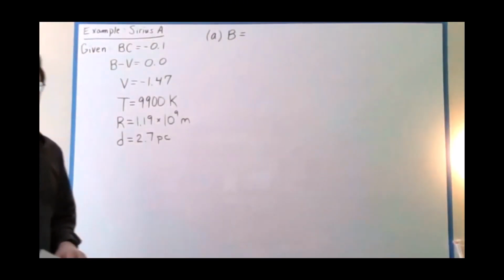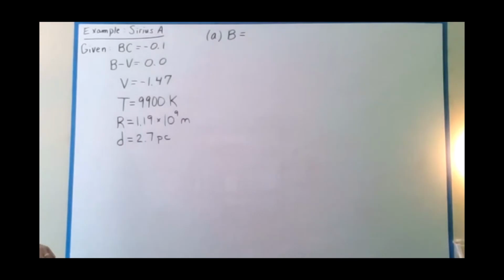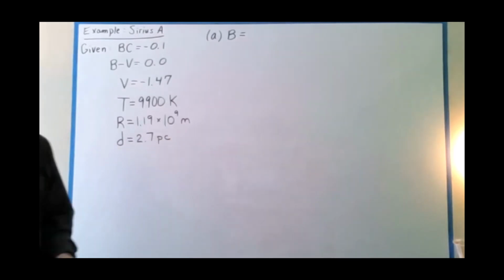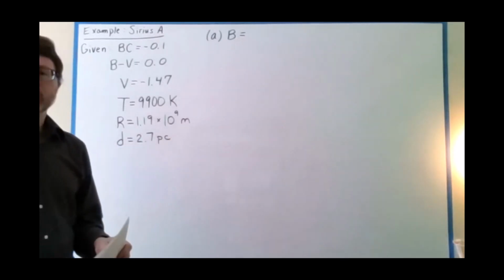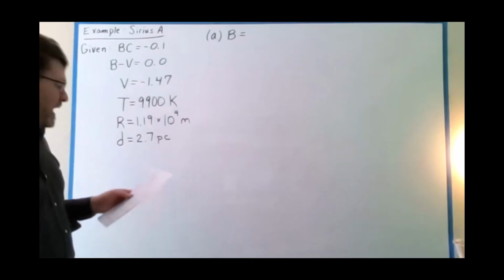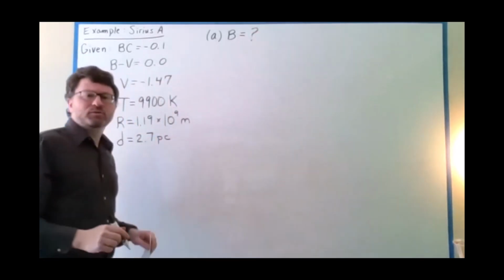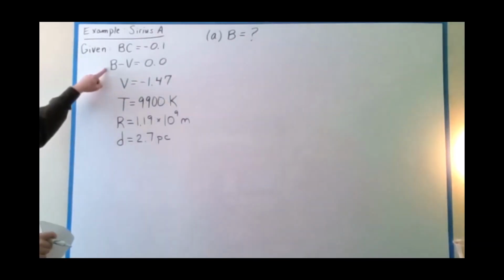Bam, better than TikTok. We've got already here written out for us the quantities that have been given to us. And now let's go ahead and work this problem. In part A, we're trying to figure out what is the apparent blue magnitude. If we look back, we've been given information about B right here.